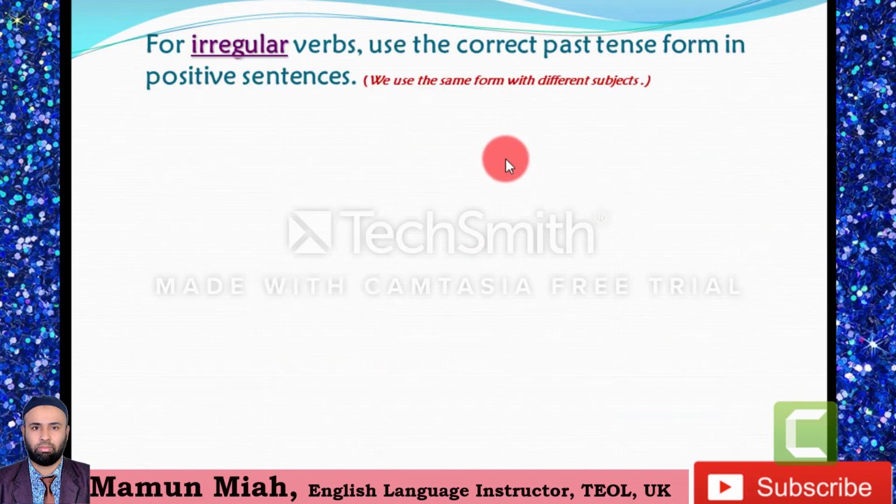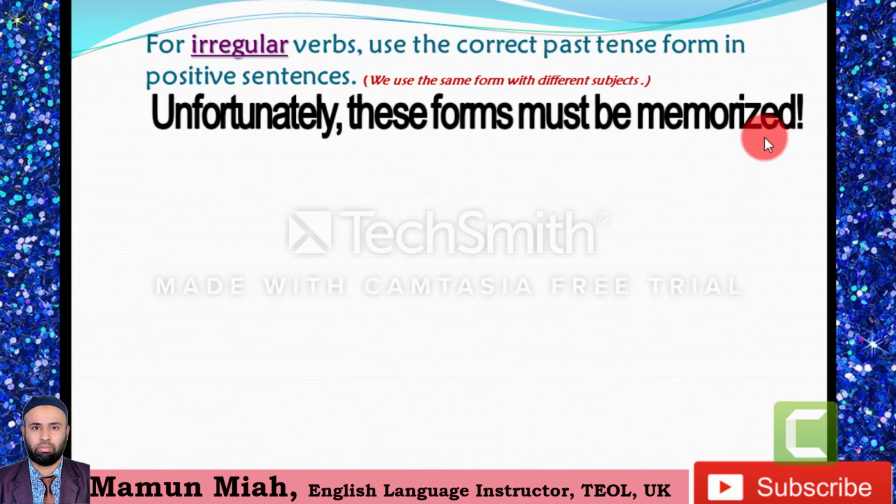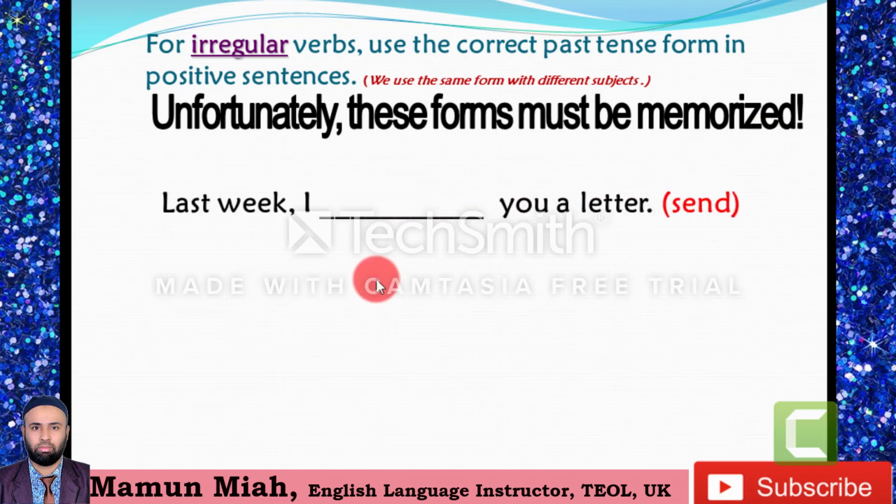For irregular verbs, use the correct past tense form in positive forms. We use the same form with different subjects. Unfortunately, these forms must be memorized. Last week, I blank you a letter.